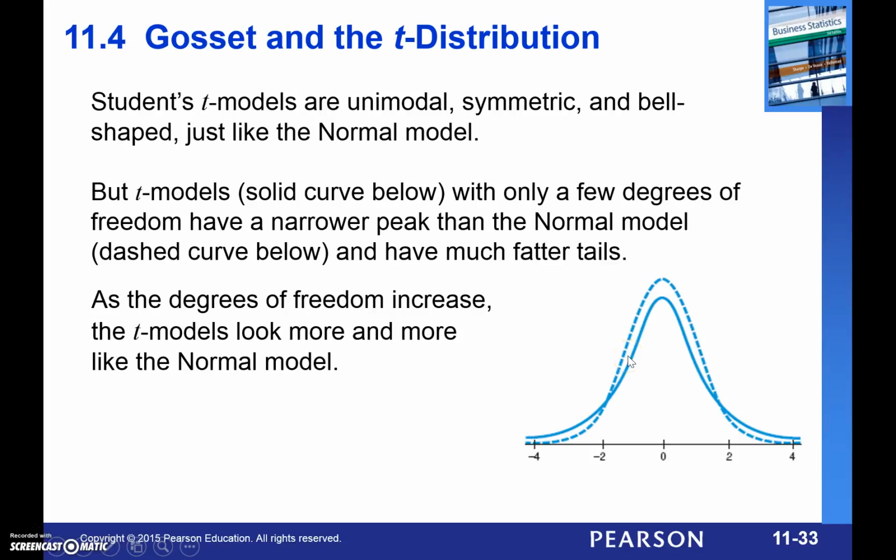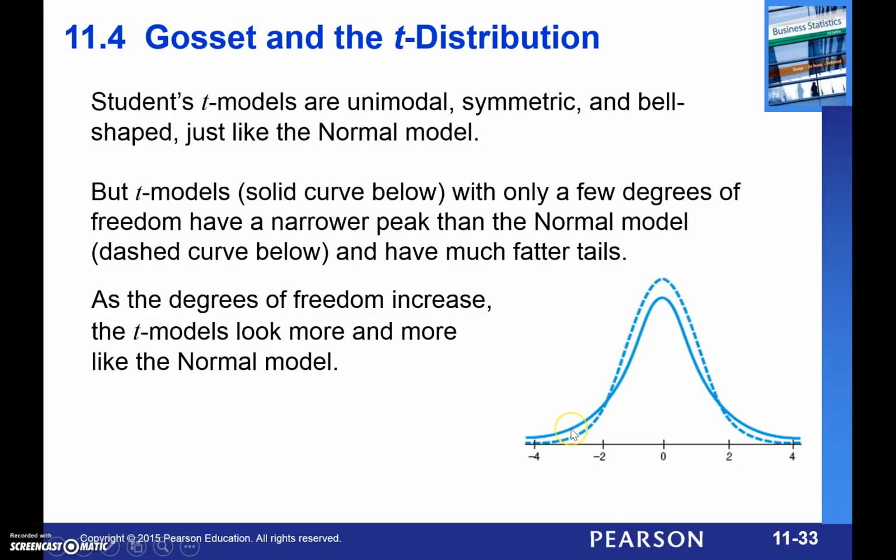The solid curve below is the student's t model, and the dotted line is the normal curve. Notice that the solid line is a little fatter at the tails and a little narrower at the hump. So it's a little different. As our sample size increases, it begins to look more and more like the normal curve.